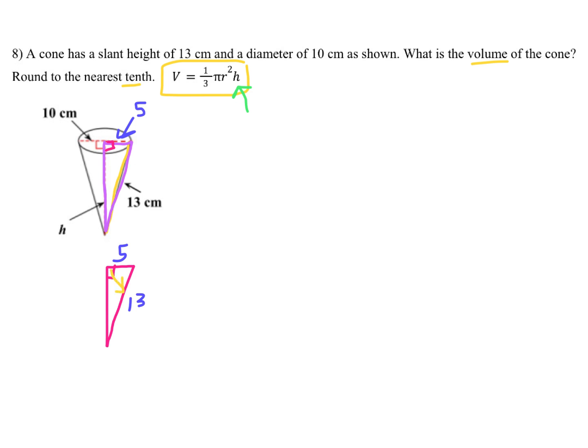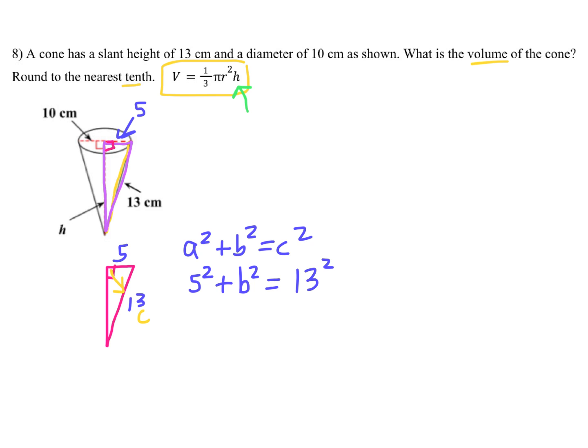So going across, this 13 is the c in our Pythagorean theorem. So we have to do that first. A squared plus b squared equals c squared. Okay, so we do have one of the legs, 5 squared. We don't know the other leg, but we do know the slant height, which in that right triangle is the c.